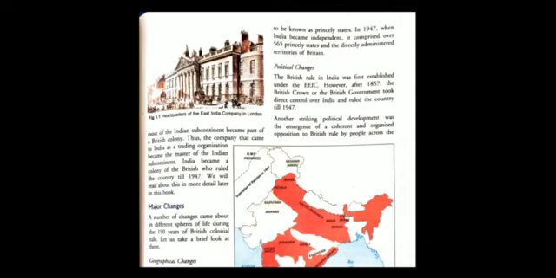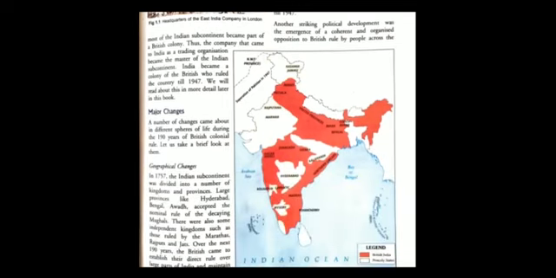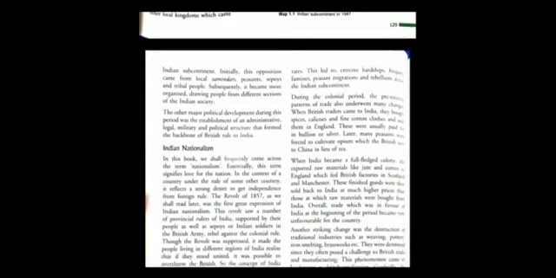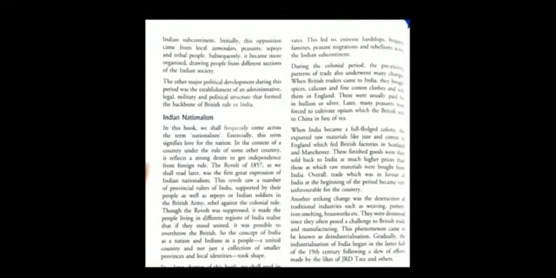An important political development that took place during British rule was organized opposition, which came from local zamindars, peasants, sepoys and tribal people. The other major political development during the British period was the establishment of the administrative, legal, military and political structure that formed the backbone of British rule in India.